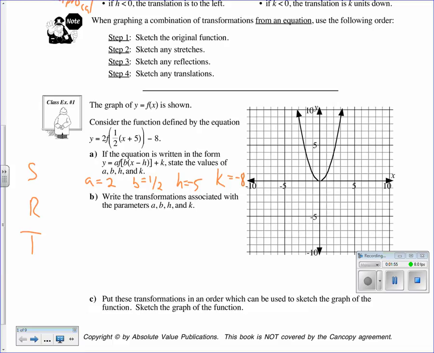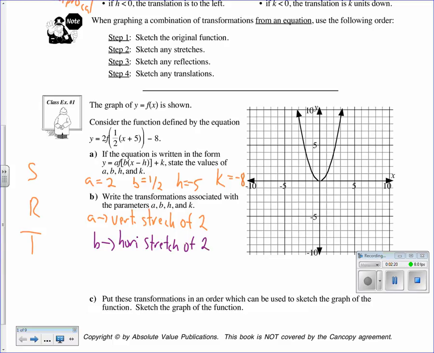So in A equals 2, the A is my vertical stretch, and that's of 2. My B is a horizontal stretch, and that always goes reciprocal. So the reciprocal of 1/2 is 2.